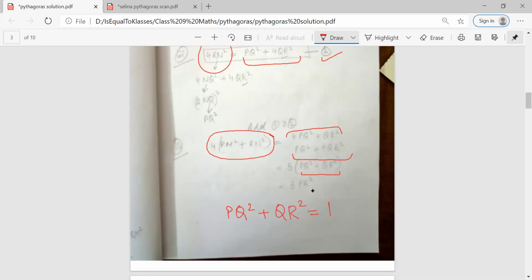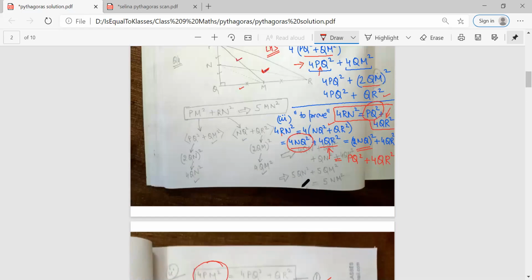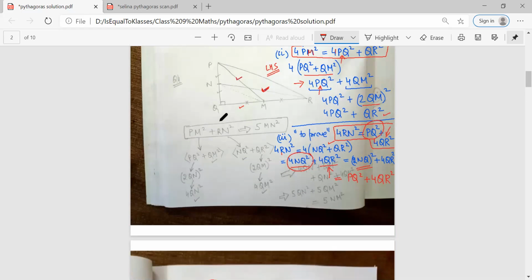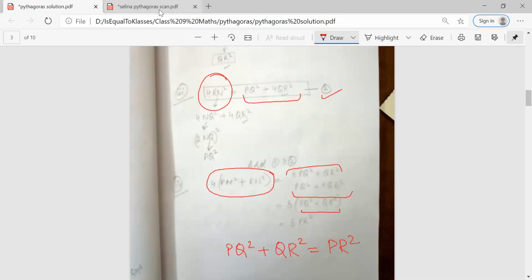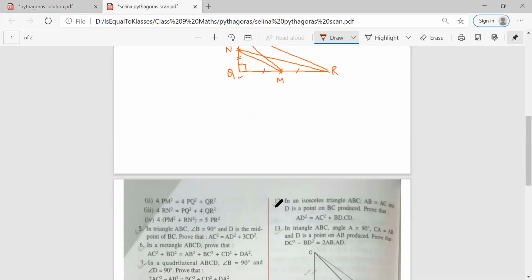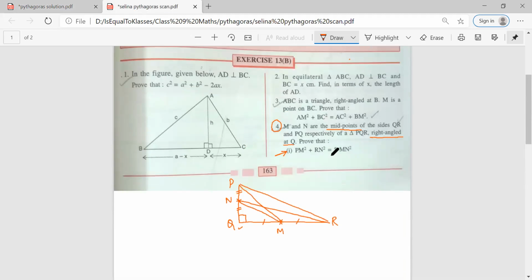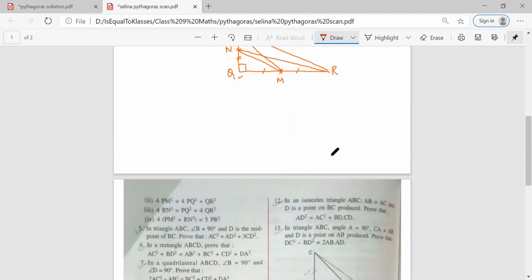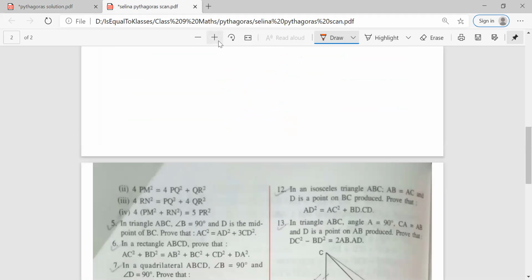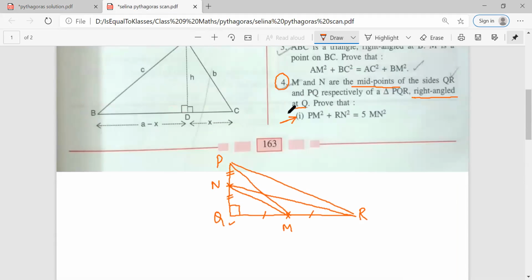That is equal to PR square. If I look at the figure, PQ square plus QR square is equal to PR square. Any doubt, Mr. Rubin? No, sir. So these questions are a bit complex questions. Maybe you'll have to do them twice or thrice so as to understand the question. Okay. So this is one of the difficult questions in this exercise.